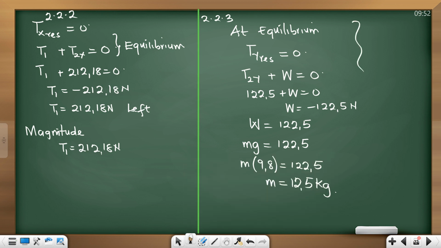If I'm getting you right, you're saying, since I know T2y plus W equals 0, and W is 122,5. But now, if I'm going to substitute, wait. You said we should substitute 122,5, right? Is this what you're saying?